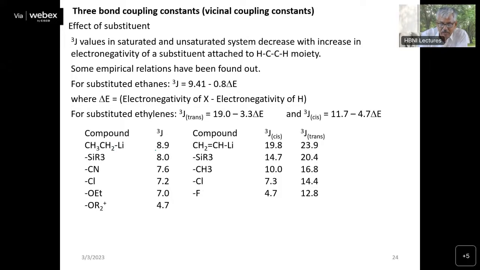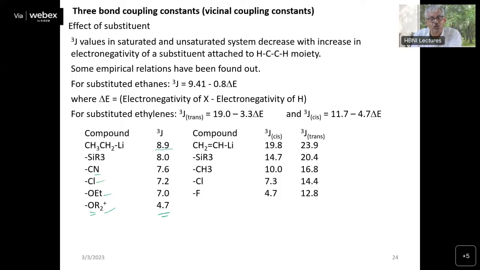There the coupling constant value is 8.9, but now if you are increasing the electronegativity, the J value decreases. Lithium to silicon is intermediary, and then these are cyano, chloro, ethoxy and OR2. You can see the clear difference between ethoxy and OR2, because now this has become much more electronegative because of the OR2 plus. So as the electronegativity increases, the J value decreases.